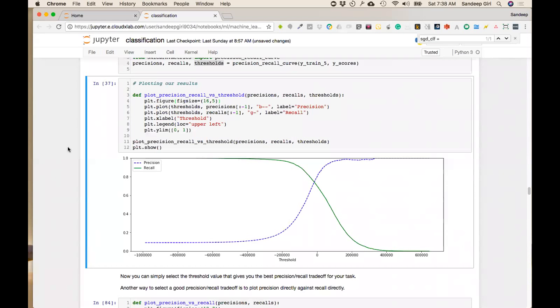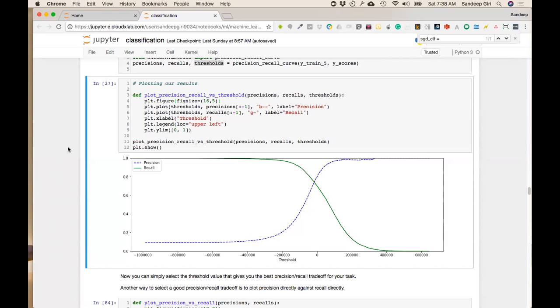For every threshold, we compute the confusion matrix: how many were actually 5 and classified as 5, how many were actually not 5 and classified as not 5, and so on. We compute those four values and then compute precision and recall. So starting from a very low threshold value of the score, we compare the actual versus the predicted based on this threshold, and see how precision and recall vary.